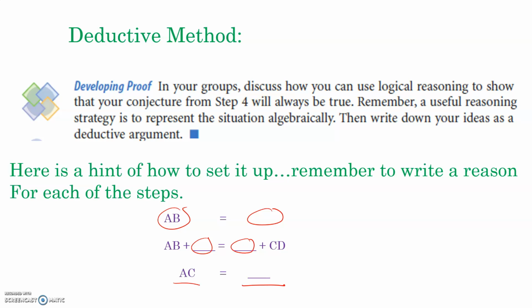So this is a setup that you're going to fill in. Each time that you do it, you're also going to put reasons for each step. So you can stop for a while with this video and try to do that investigation. When you are done, you can come back and I will have the answers here.